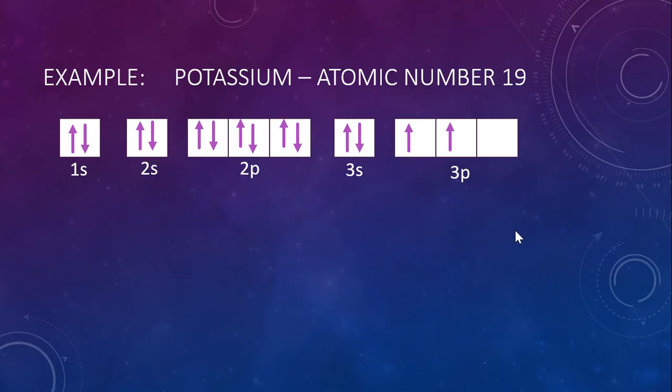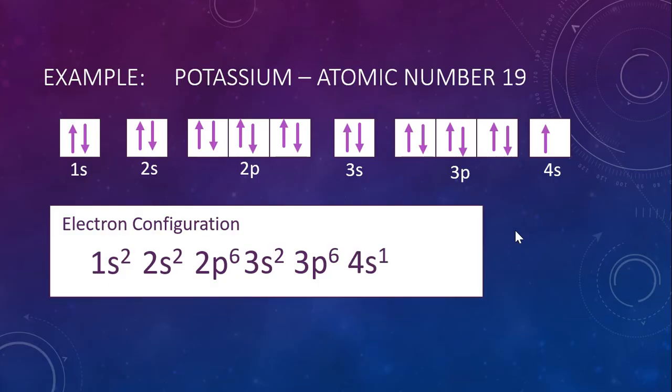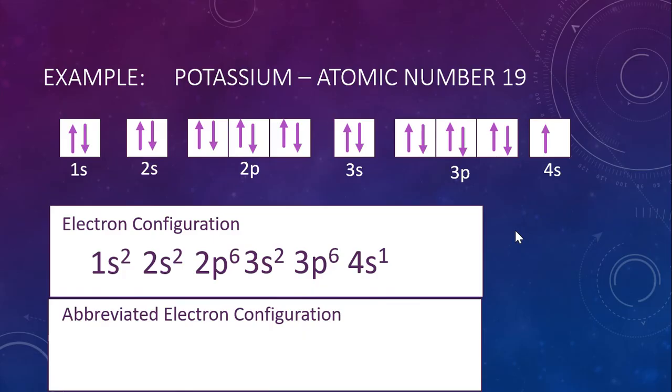Then I add my 19th, which goes to the 4s, and voila, that's the orbital diagram for potassium. The electron configuration would be 1s2, 2s2, 2p6, 3s2, 3p6, and 4s1.